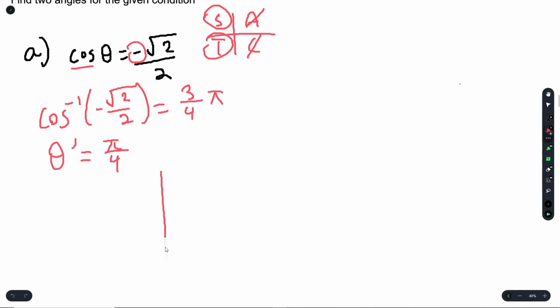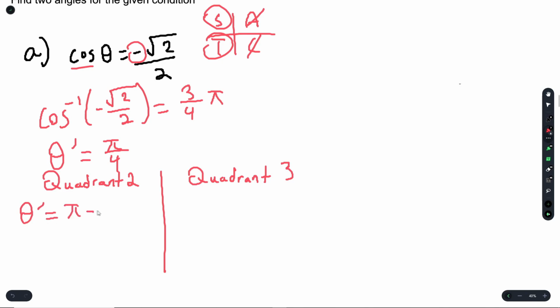So we split the page into two. Quadrant 2, quadrant 3. So the reference angle for quadrant 2, since it's in radians, we need to use the radians version. Its reference angle is equal to pi minus the angle.